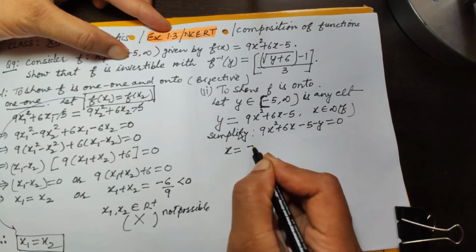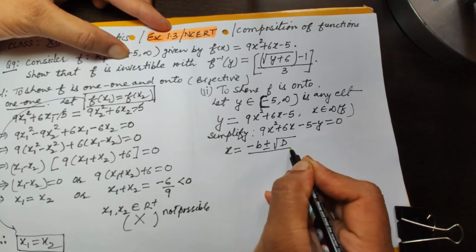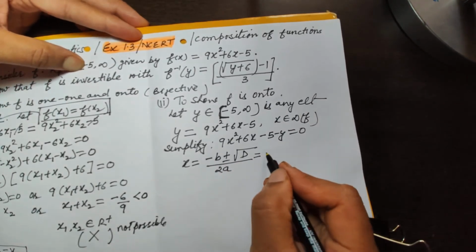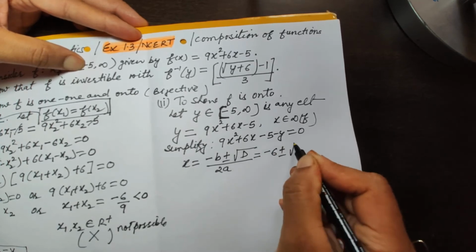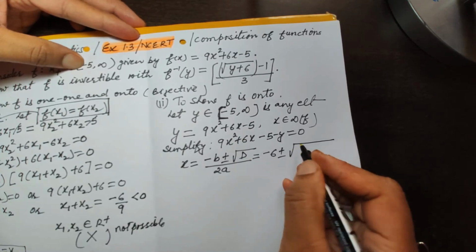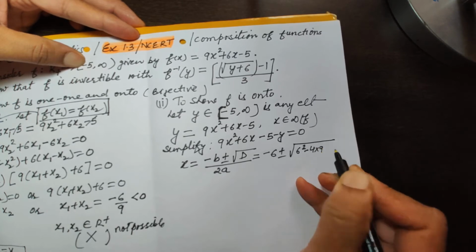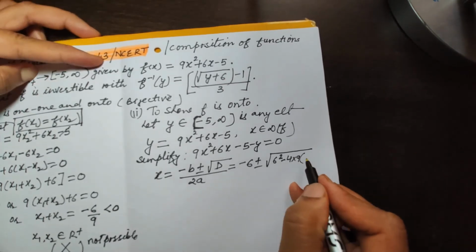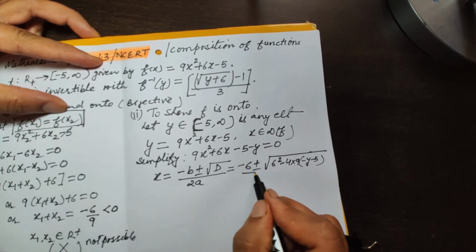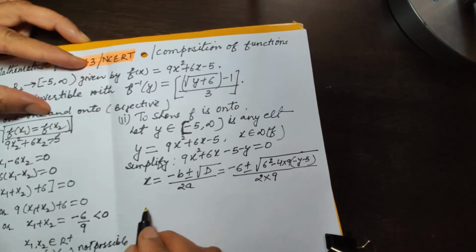X will be equal to, applying the formula, minus b plus minus under the root of b square minus 4ac, upon 2a. Putting the values, minus 6 plus minus under the root of 6 square minus 4, where a is 9 and c is minus (y plus 5), upon 2 into 9.